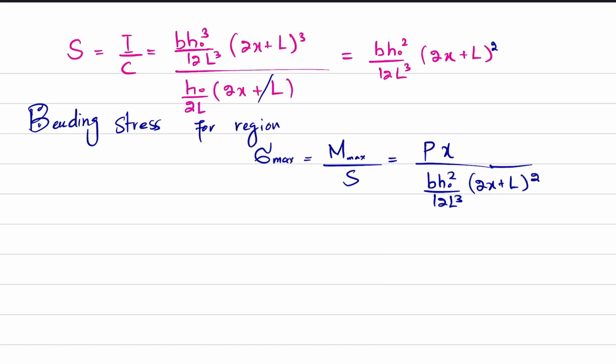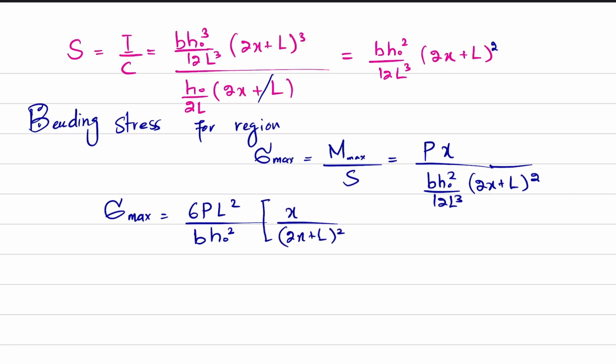Okay, this is square. Now you have maximum bending stress equal to 6PL square over b h naught square into x over (2x plus L) whole square. Let this be your equation number 1.